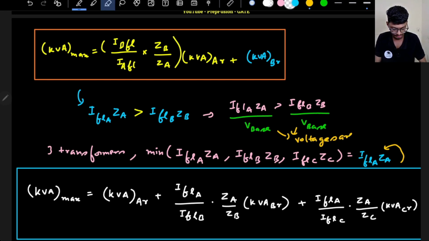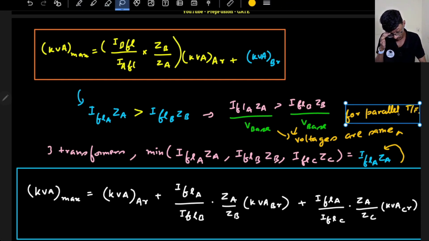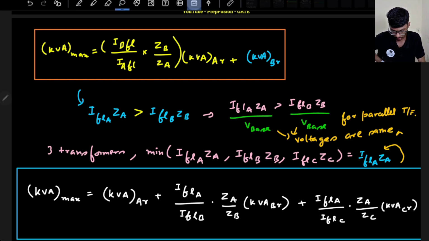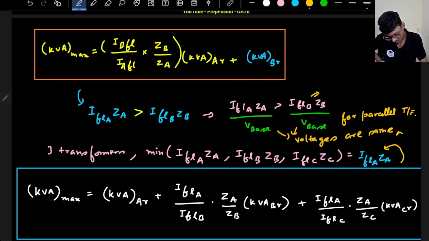Voltages are same for parallel transformers.